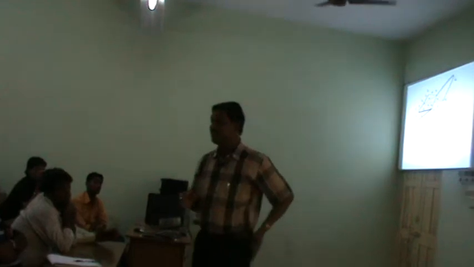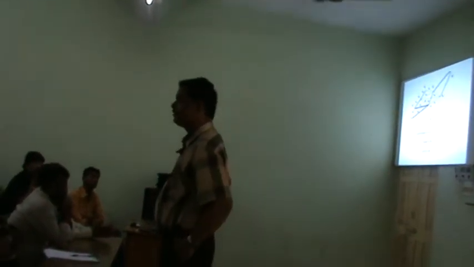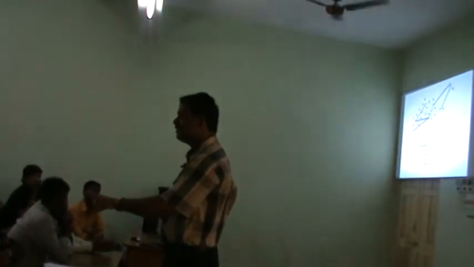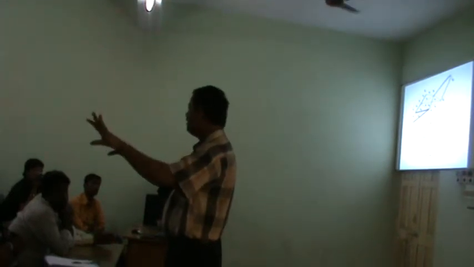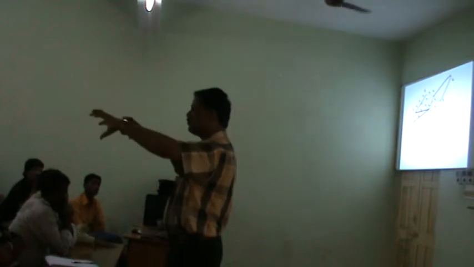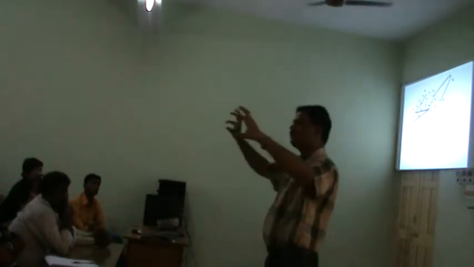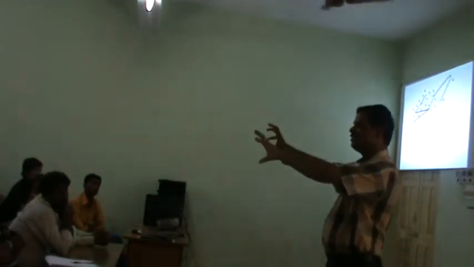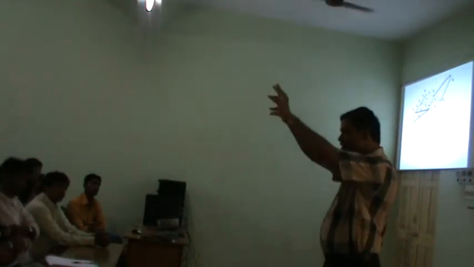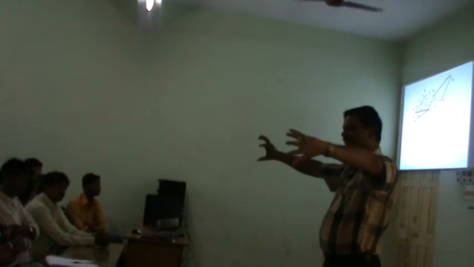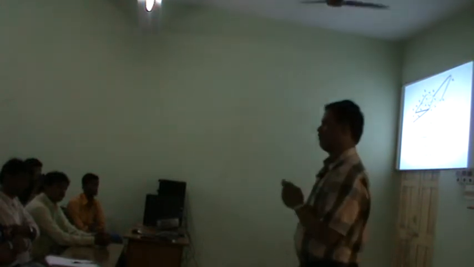A cut set is the set of those edges, along with this branch, whose removal makes the graph disconnected. The vertex set is decomposed into two disjoint subsets V1 and V2. The minimal number of edges to be removed to split the graph G into disconnected G1 and G2 is what is called a cut set.